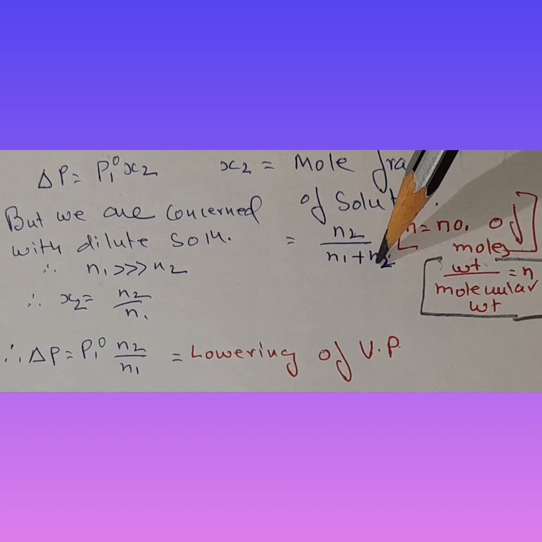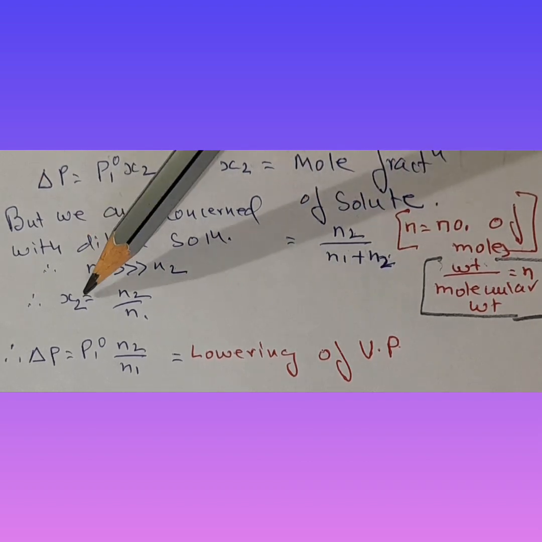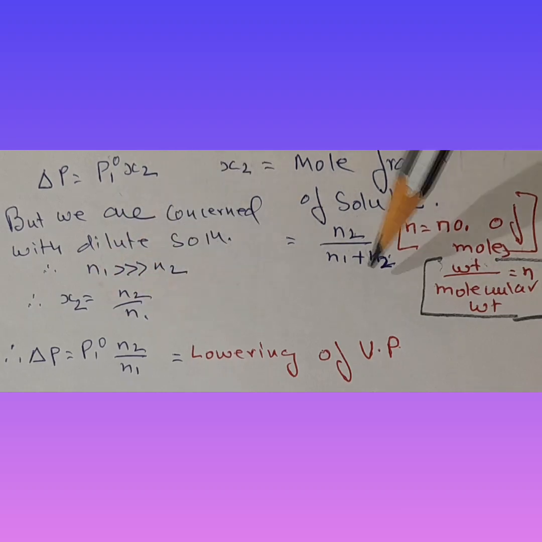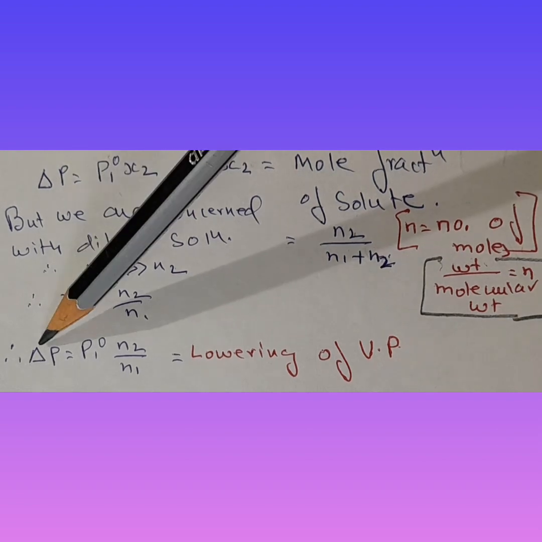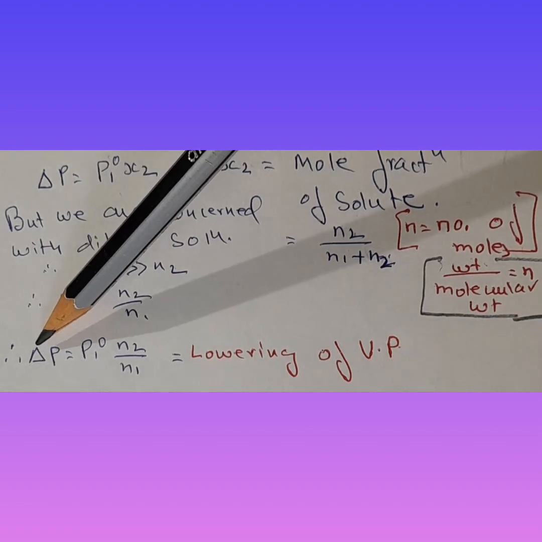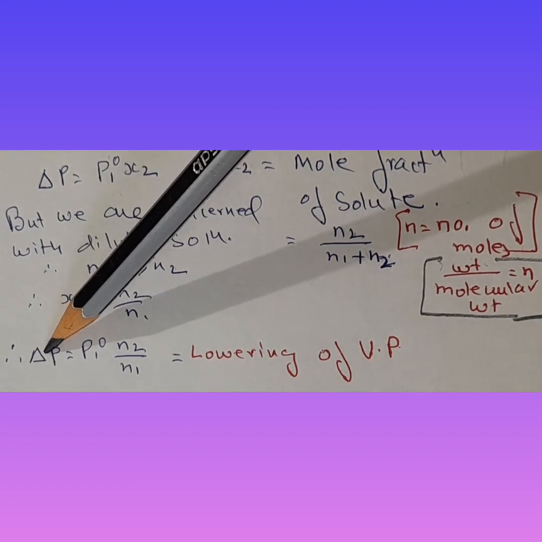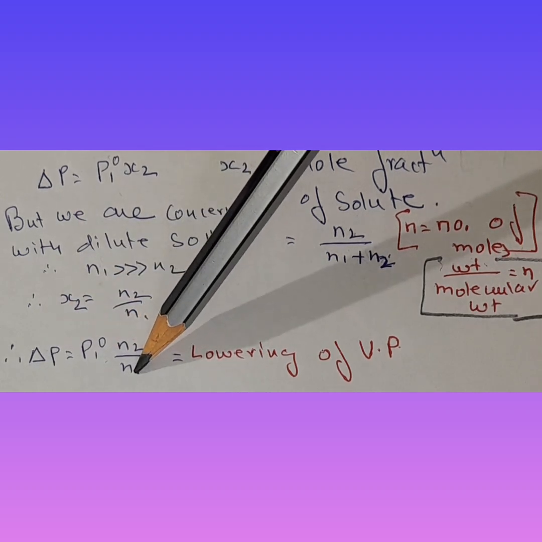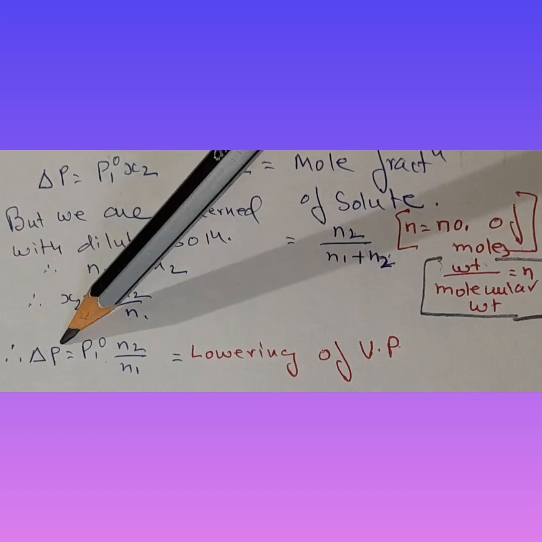So our formula for X2 now gets modified to N2 divided by N1, neglecting N2, it being minuscule. So now our formula gives del P, that is the lowering of vapor pressure, is equal to P10 N2 over N1. So this is the lowering of vapor pressure.